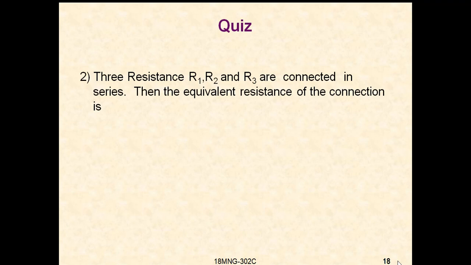Now let us see the second question. That is, three resistances R1, R2 and R3 are connected in series, then the equivalent resistance of the connection is option A, RT is equal to R1 plus R2 plus R3.